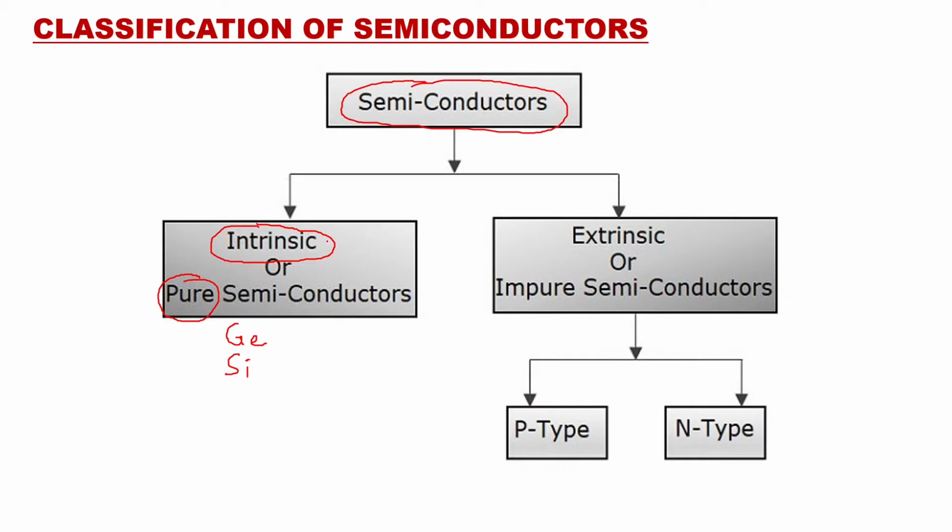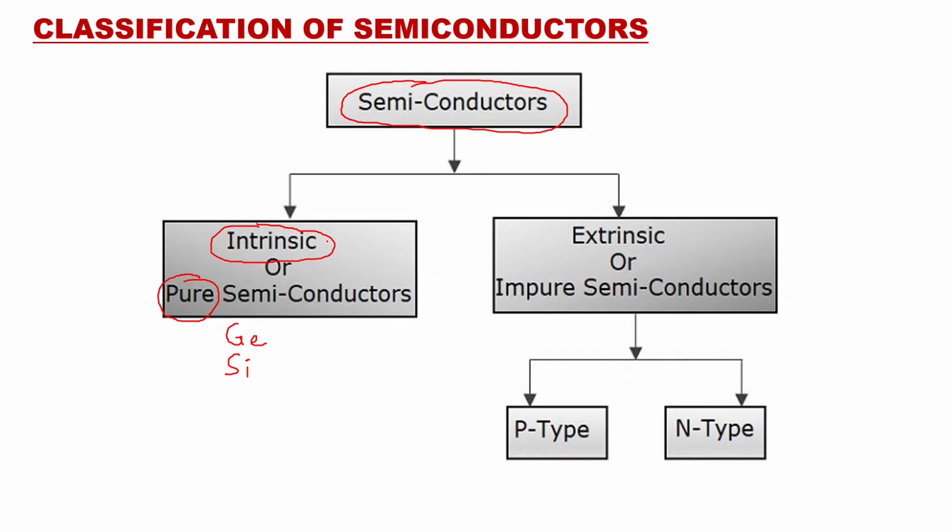Now there is a basic drawback with this intrinsic semiconductor: at room temperature, at normal temperature, it will not support flow of current. It will not allow charge carriers to flow easily. So its conducting property is less, its conductivity is less.